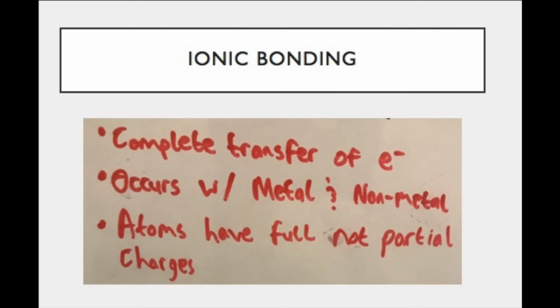Chlorine is so much more electronegative than sodium that it's going to completely pull the electrons in the bond all the way to itself. Therefore, once that happens, you're going to get a full negative charge being given to the fluorine, or I should say chlorine. I unfortunately said fluorine instead of chlorine, but the principle still holds true because they are both halogens.